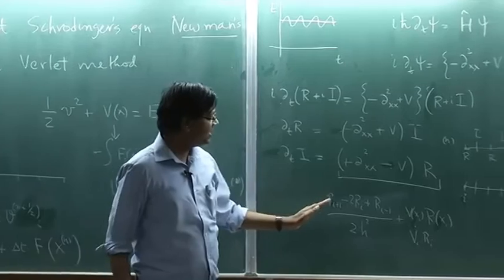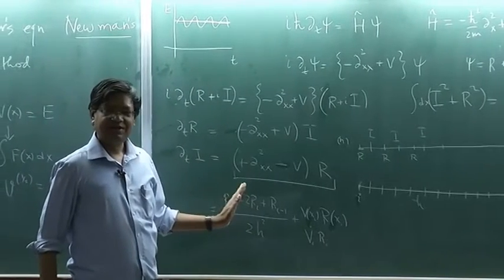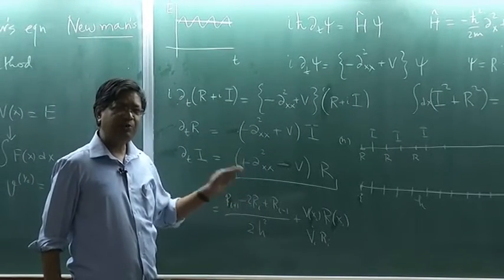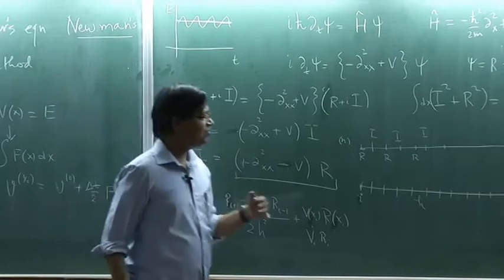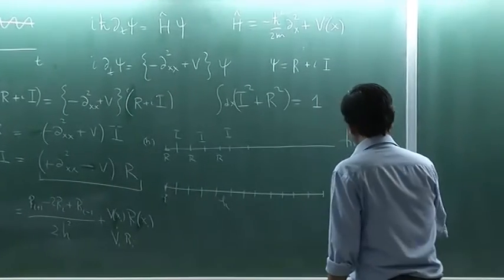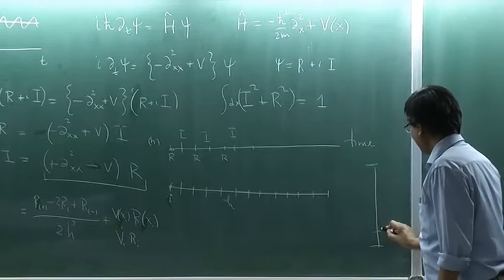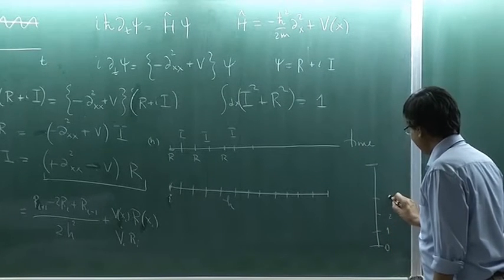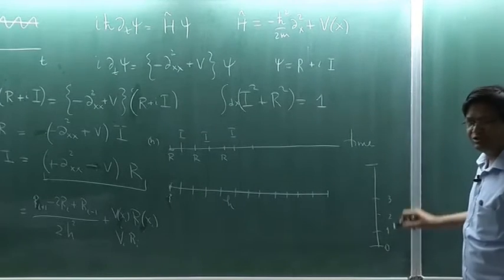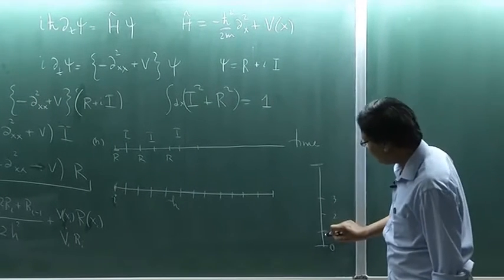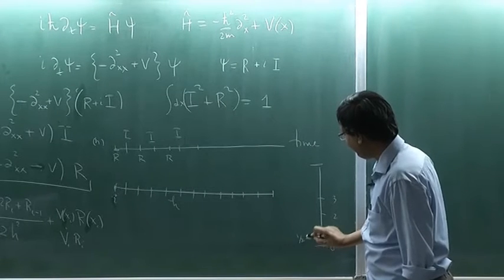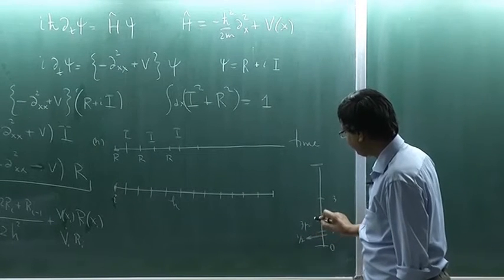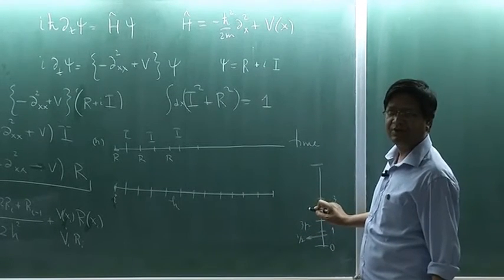Now this is computed at, so this is the real part, I can compute at discrete times. Let me draw the time on this axis. I start with 0, 1, 2, 3, my real part will jump like that, but my imaginary part will go through half, 3 half like this. Is that okay?